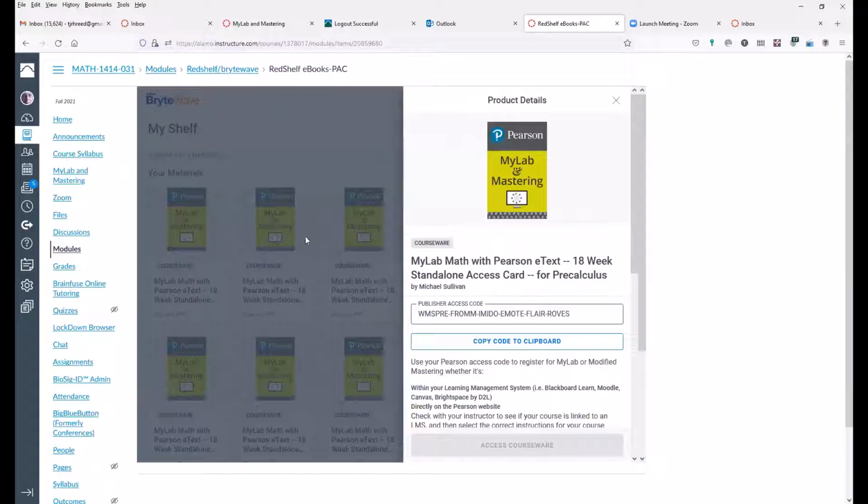Okay, so you click on it. For those of you it shows up for, you click on it, it has the remote code, and you click on that code. This code doesn't work because I'm a teacher and I don't have a code. So they fill it in with a code, but it doesn't work.